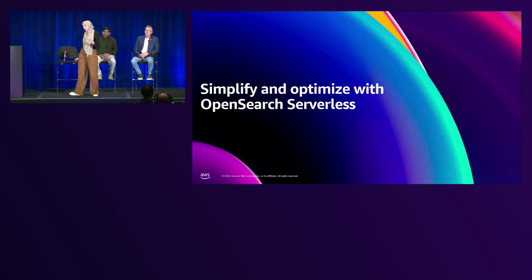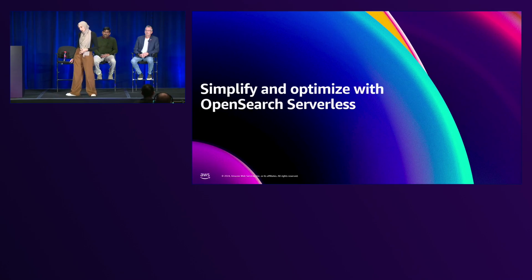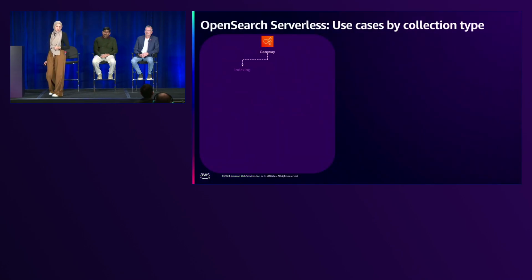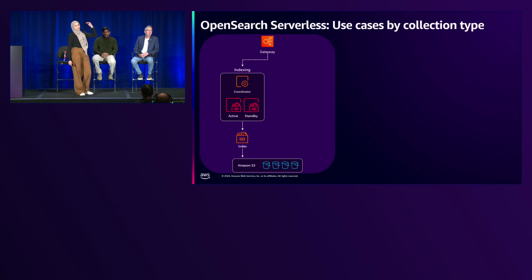Now that we have explored how to optimize the vector workloads, you can use the Amazon OpenSearch managed offering or OpenSearch Serverless. Let's dive into the OpenSearch Serverless approach here. The serverless architecture of OpenSearch decouples the compute from the storage layer, where the storage is based on Amazon S3, the highly scalable storage tier.